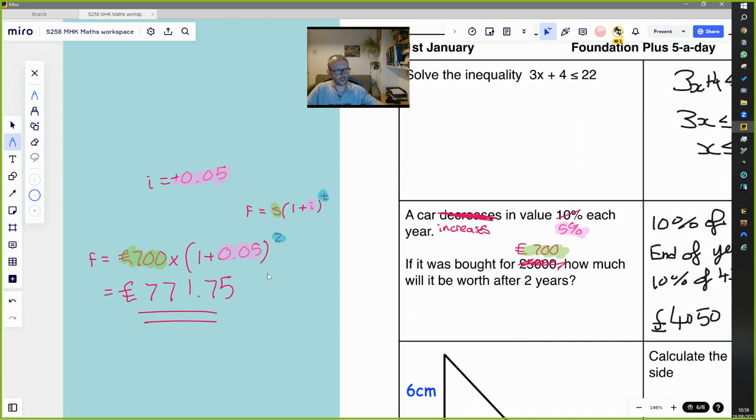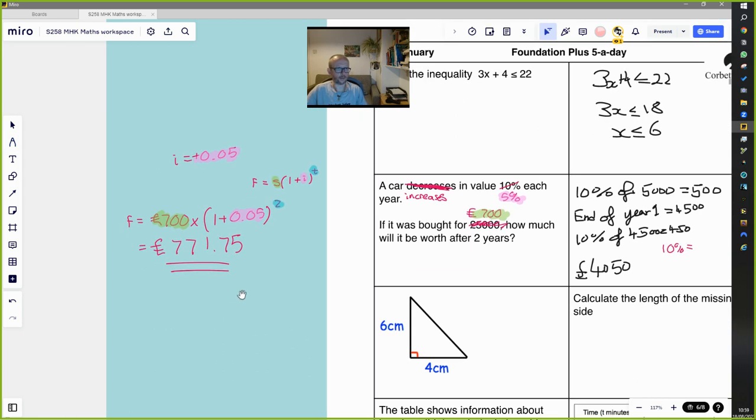Now, let's just see if that is correct doing it the slow way. So let's think about this. Year 1, at the end of year 1, it would have increased by 5%. So 5% of 700, well, that's going to be 0.05 times 700. So what's that? 700 times 0.05, that's 35.